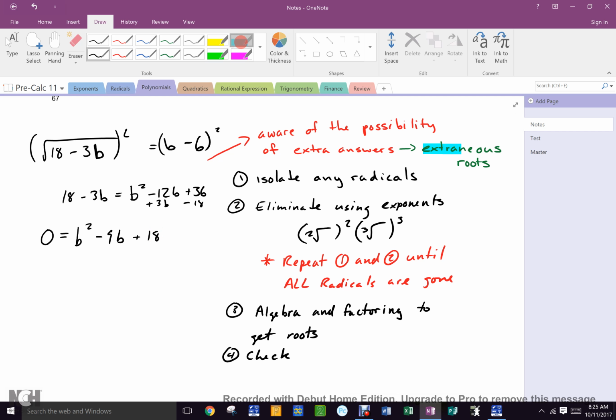Now, do I know what to do with that? Factor. What are the factors? B minus 3 and b minus 6.